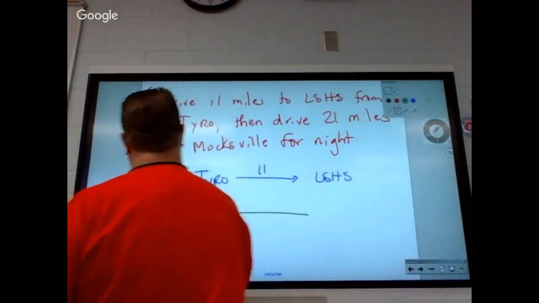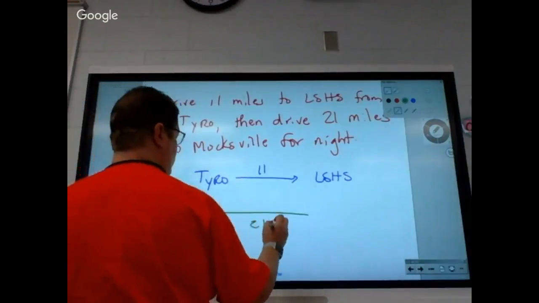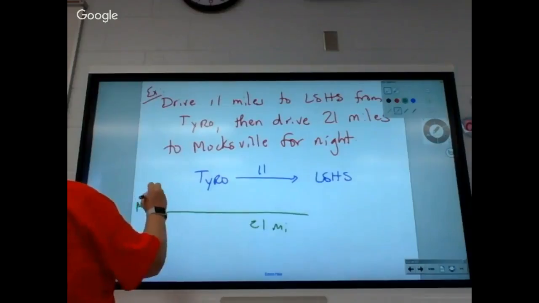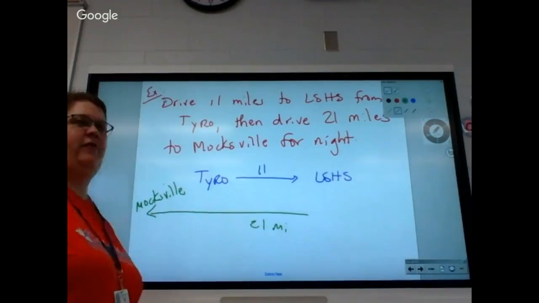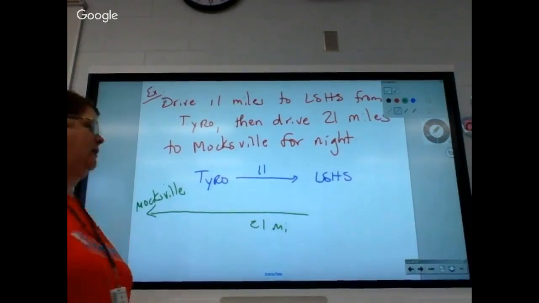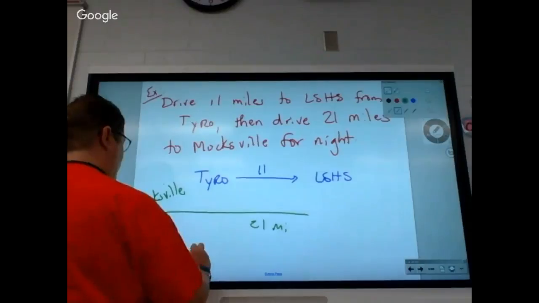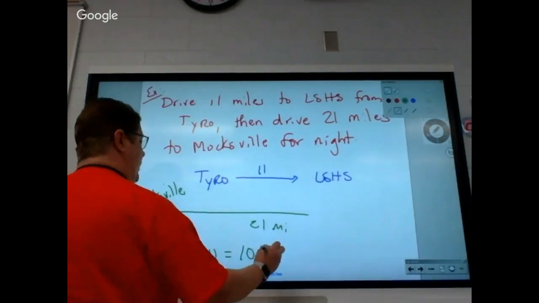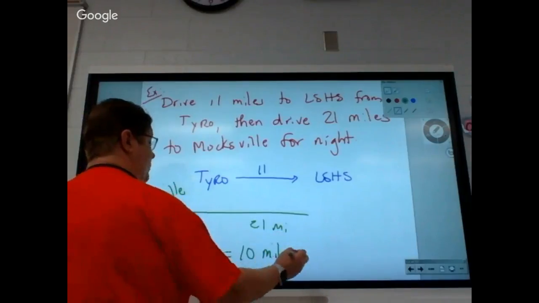I drive 21 miles to Moxville. So you take the big number, subtract 11. So what do I have to do to figure out my displacement this time? I have to subtract. So 21 minus 11 would be 10. So my displacement will be 10 miles.